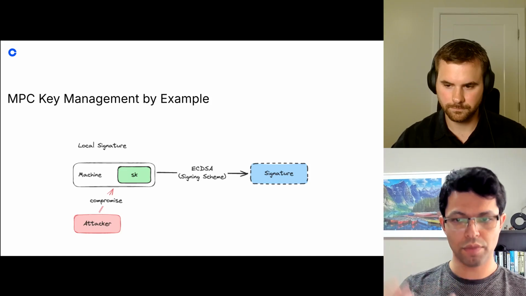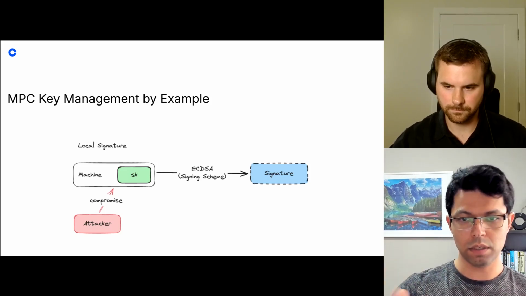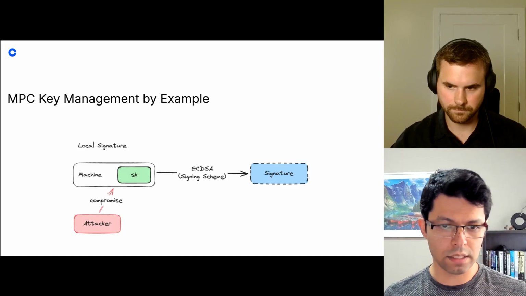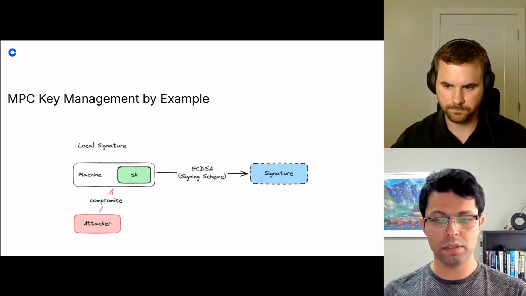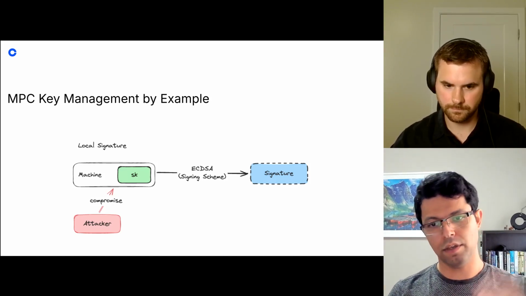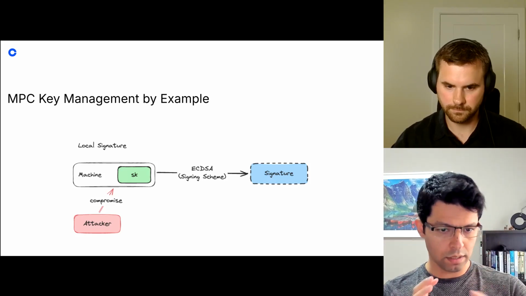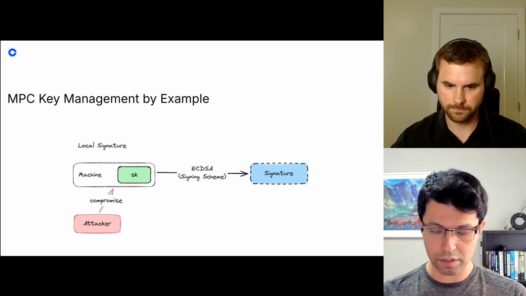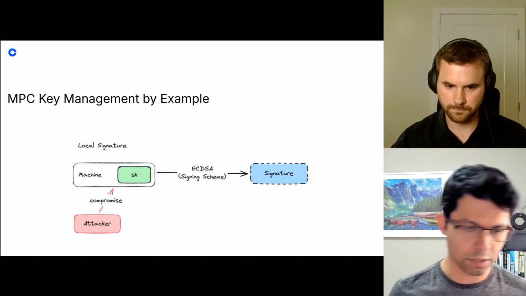So you think that you are signing a transaction, sending, for example, 1 ETH to the address that you know and trust, but in reality, you are sending hundreds of ETH to another address. So I just want to make sure that by compromise, it could mean many different things. It's not just stealing the signing key.